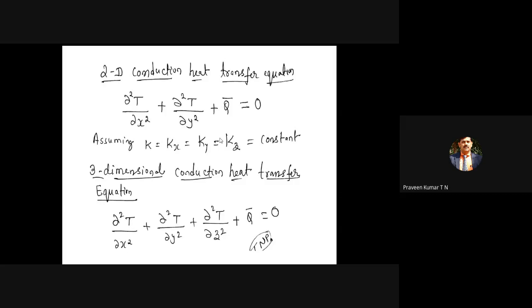When you come to three-dimensional heat transfer, most of the time they go for two-dimensional, not three-dimensional. But still, for critical components they may go for three-dimensional heat transfer also. If the thickness of the component is large, then we have this second order differential equation, ∂²T/∂x² and so on, plus Q̄, where Q̄ refers to the internal heat generation source.